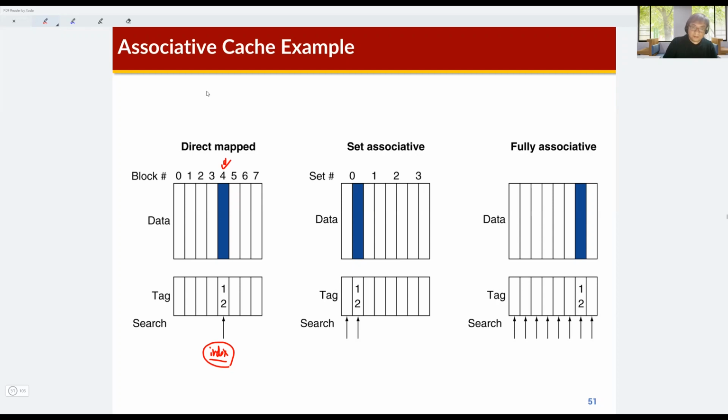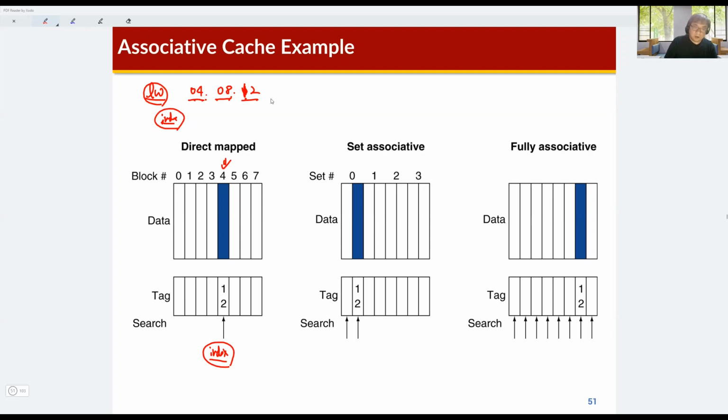So let us assume that this is the address, and let us assume that this is the request by load instruction with 04, 08, and then 12. And then let us assume that these requests have the same index number to the direct mapped cache.